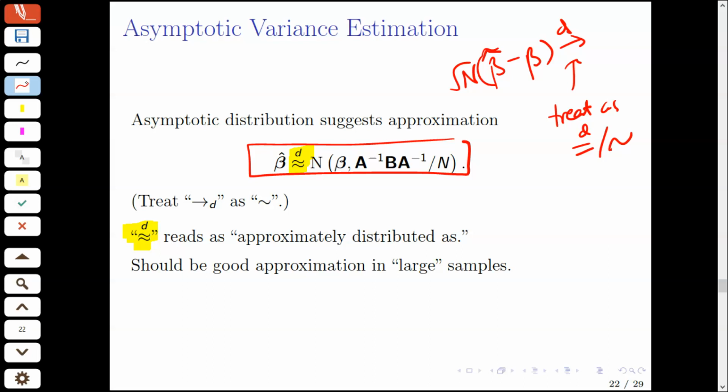However, this idea of approximating the OLS estimator by something that's normal should be a pretty good approximation in large samples, since we've established an exact normality result in the limit.